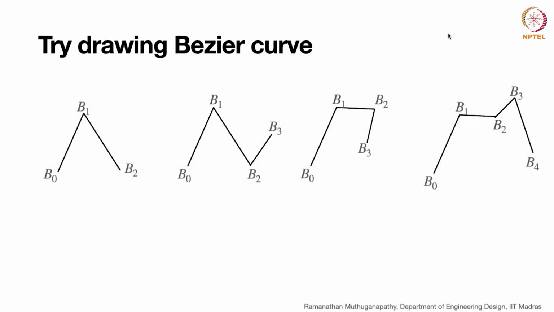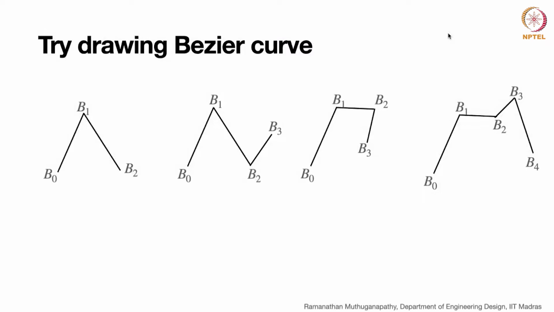Many of them I already drew, but okay, what is the degree of the curve for the first polygon? How many control points are there? 3 control points, sir. So the degree should be 2, right? Okay, it is 3 control points. I should have mentioned it clearly.